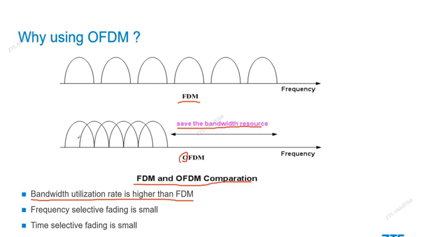But if I play these with a very short interval, for example, do, mi, mi, do, maybe you will find it very hard to hear the sound increase or decrease. So here it's the same. If the frequency interval or the time interval is very short, it is very hard to find signal fading. So that's why we said in OFDM system, the frequency selective fading is small and the time selective fading is small.